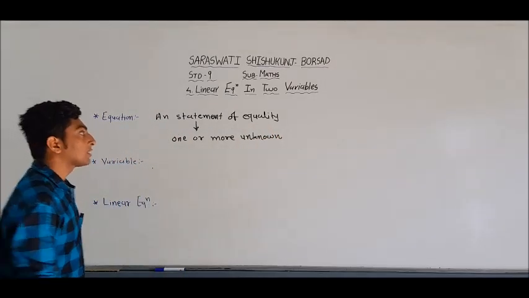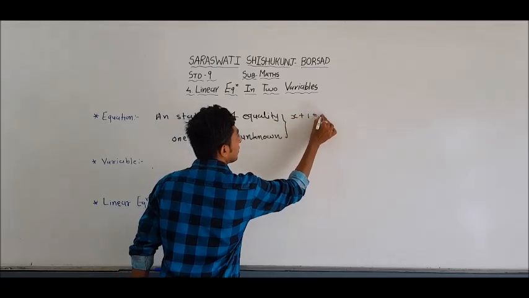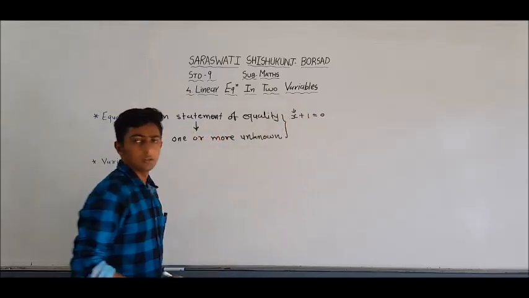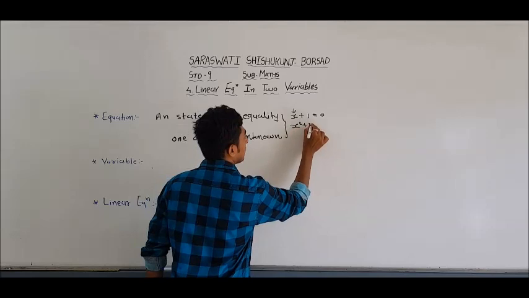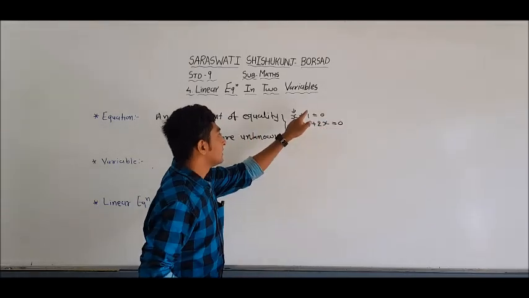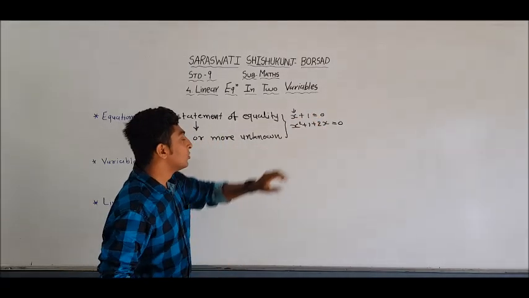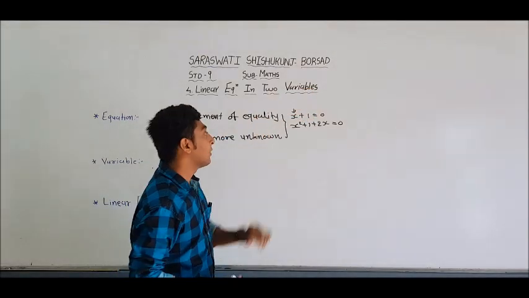For example, x plus 1 equal to 0. This is an equation. Here x is the unknown. Also, x square plus 1 equal to 2x. This is also an equation because here the sign is equal. So whenever you see the equal sign, this means this is an equation.